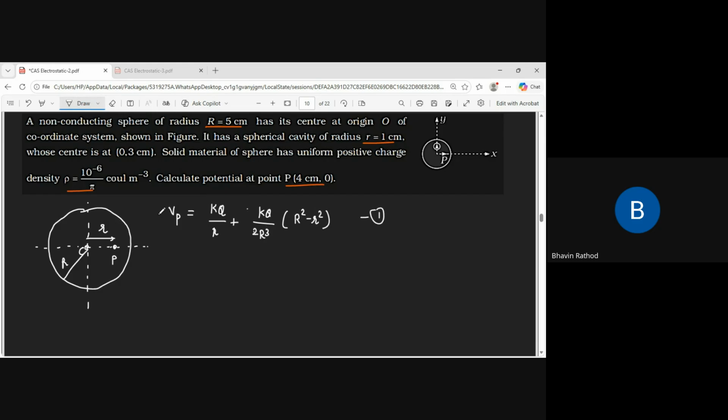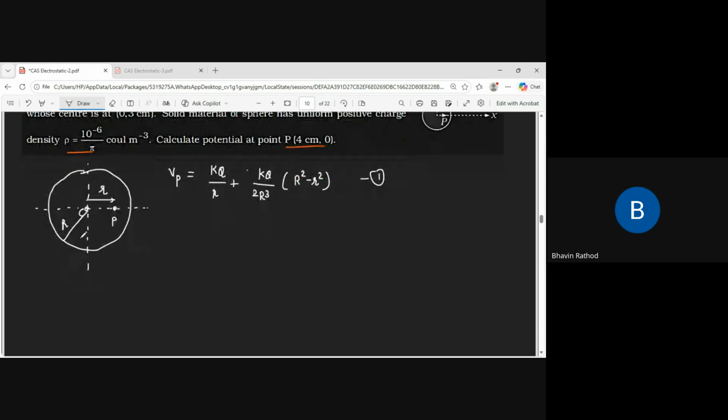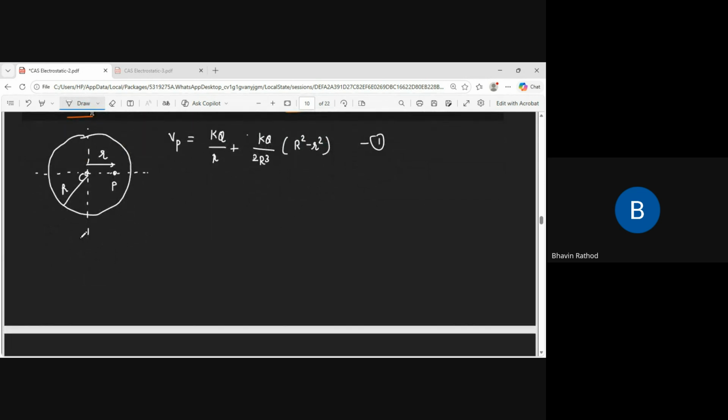Now, what we have here is a similar sphere, but it has a cavity. Let us see how we can solve that one. Let us say this is the similar sphere, and the cavity is somewhere over here.